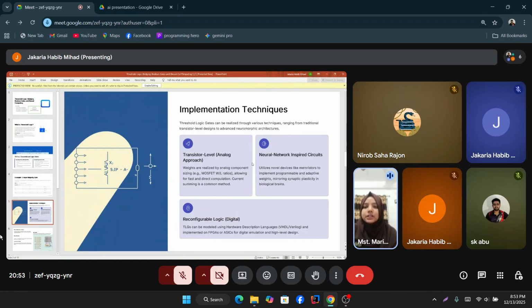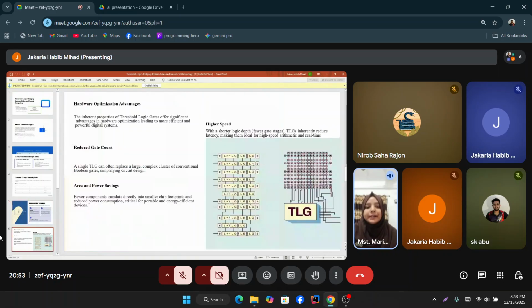Third, reconfigurable digital logic, where threshold logic gates are designed using HDL languages like Verilog and VHDL and implemented on FPGA and ASIC. Now I would like to invite another team member to explain another part of the slide.